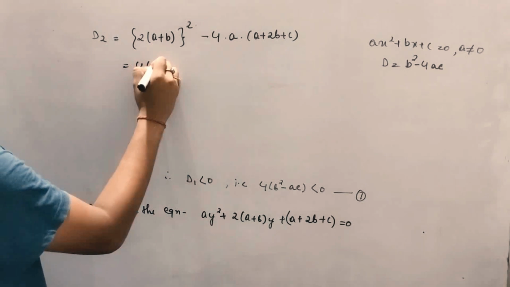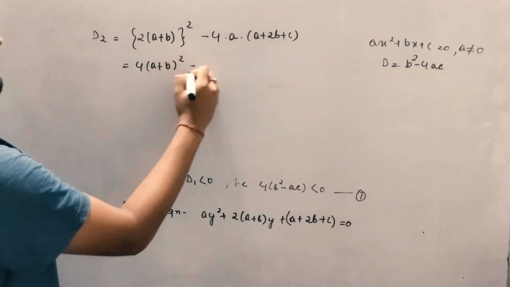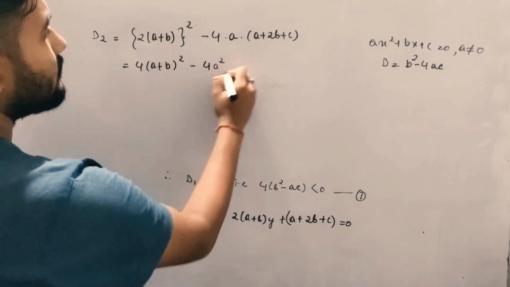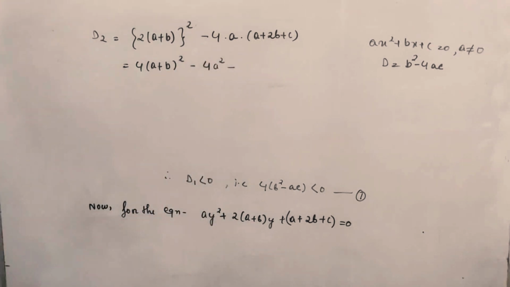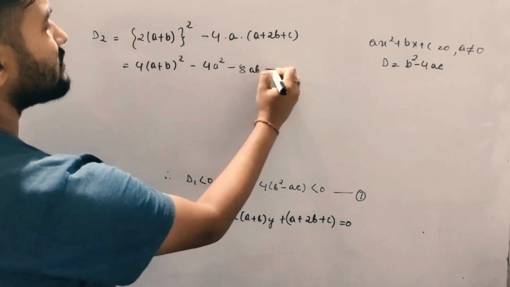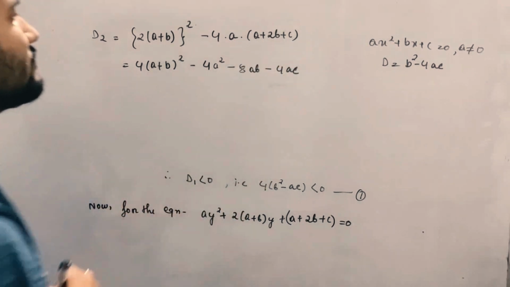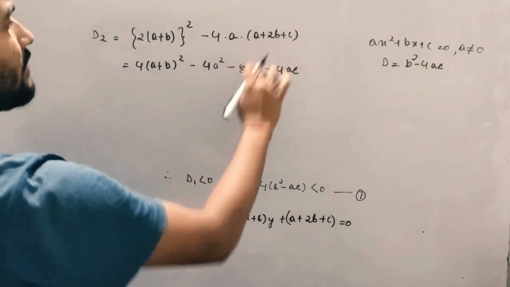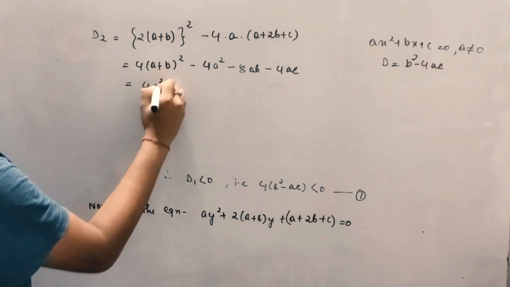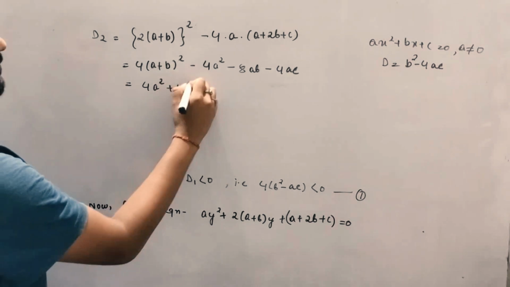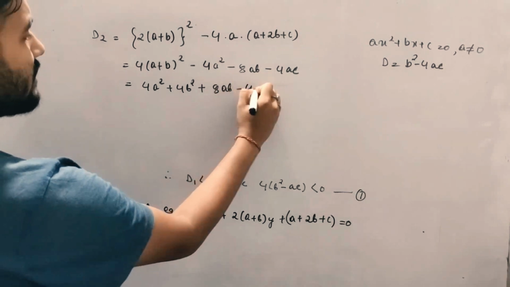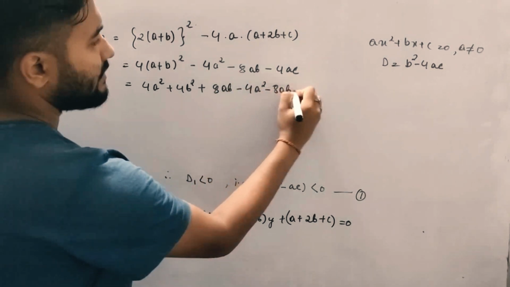So this is 4(a plus b) whole square minus 4a square, minus 8ab, minus 4ac. That is 4a square plus 4b square plus 8ab minus 4a square minus 8ab minus 4ac.